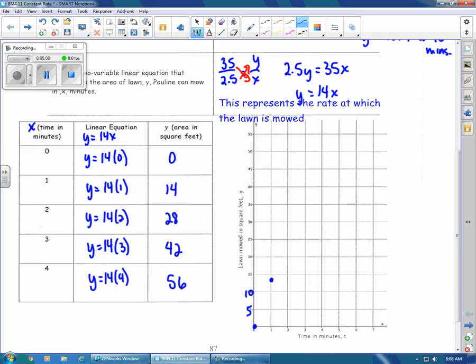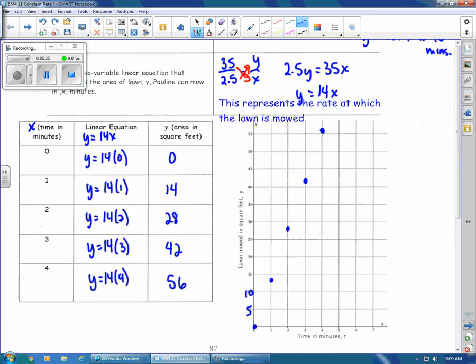And at 2 minutes, we are at 28. So it's going to be a little bit more than halfway between the 25 and the 30. And at 3 minutes, we're at 42. At 4 minutes, we're at 56. So that's how I would graph that linear equation.